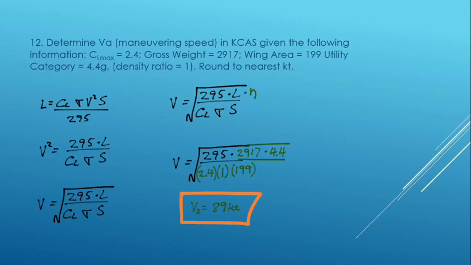So we would anticipate that the maneuvering speed would go up, and everything is worked the same as the previous problem, except we use 4.4 Gs instead of 3.8. So the wing would have to generate more lift, and the maneuvering speed would go up accordingly. And so that calculates to 89 knots.